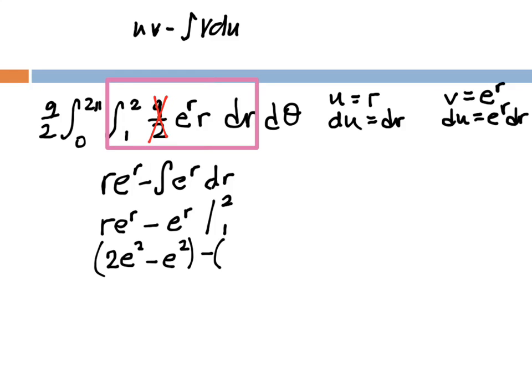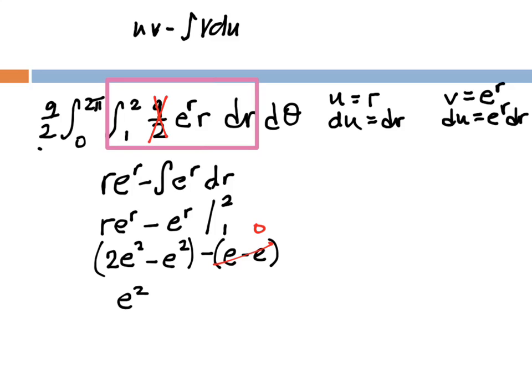Evaluate at 1 and I get e minus e, so that actually ends up being 0, right? That piece of it. What about the 2e squared minus e squared? What's that become? That's just e squared. So all that work for a simple little e squared is my value right now.